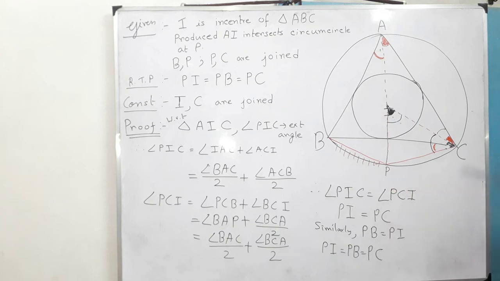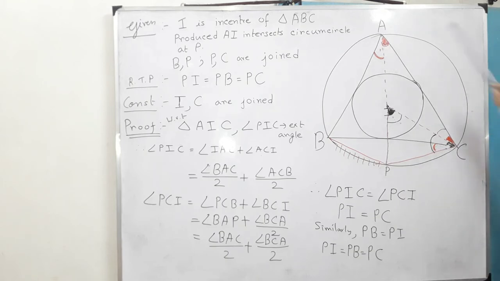Now we will apply the same thing on angle PCI. Split the whole angle in two parts. First, the smaller angle, angle PCB. Now angle PCB and angle PAB both lie on the same arc PB, so these two are equal.